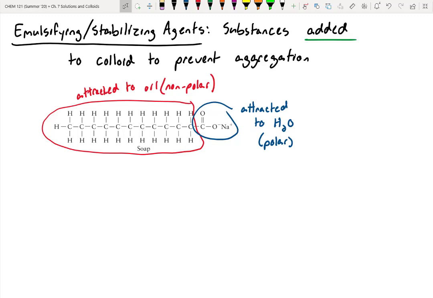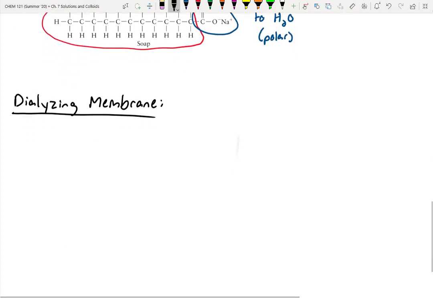All right, so let's talk about one last thing. And this is dialysis through a dialyzing membrane. I always struggle to say that. All right, and this is kind of unique.